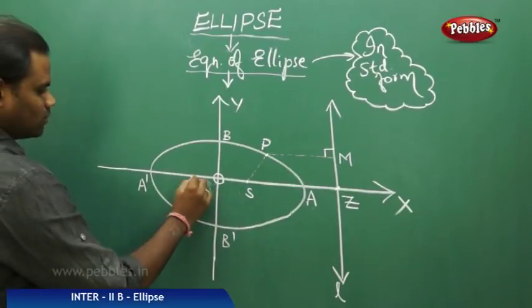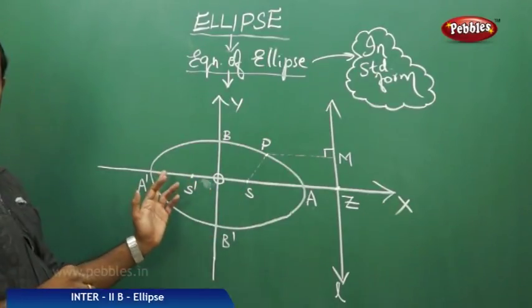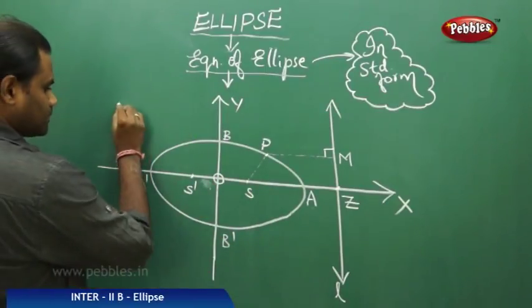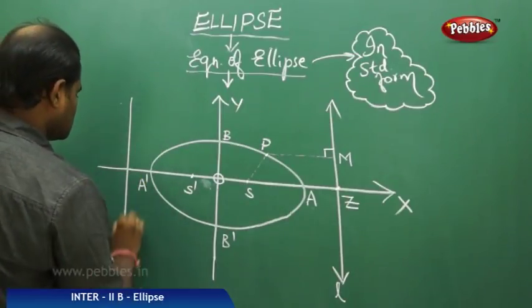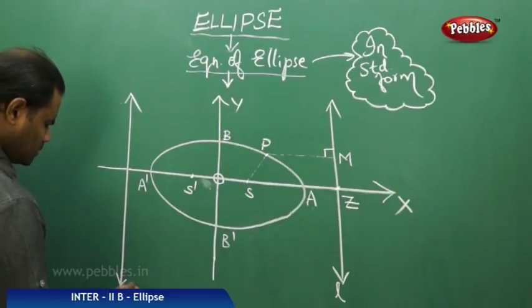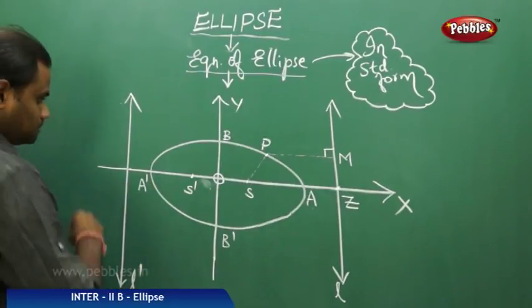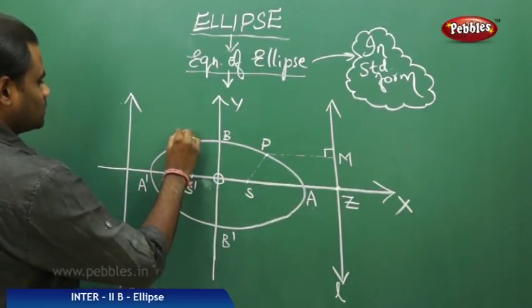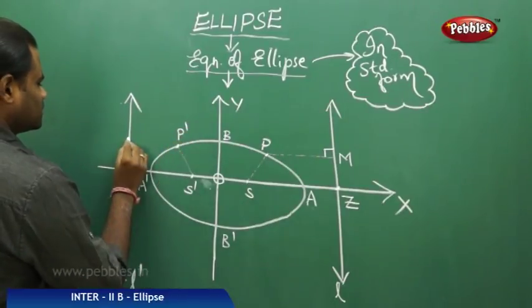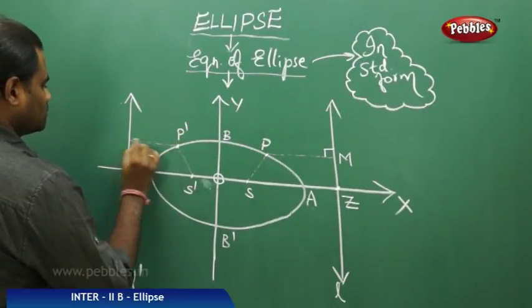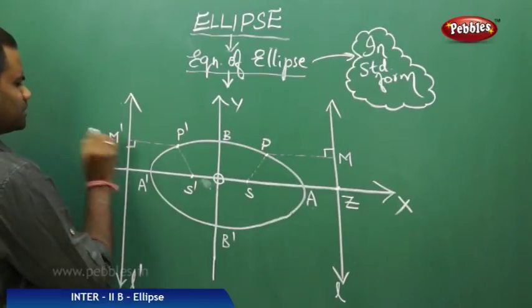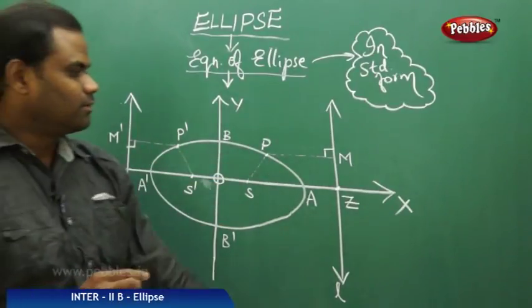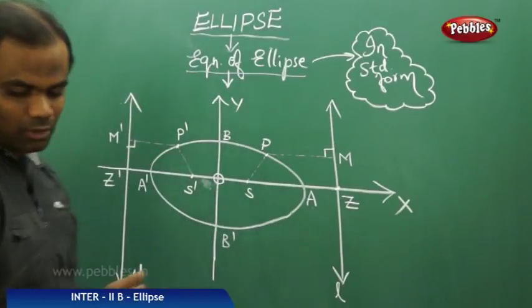Now corresponding to this focus, I have a focus on the left which is S dash, which is the image or reflection of S with respect to the y-axis. Now this is the directrix L dash with respect to point P dash, connected with PM dash, and this with Z dash is how we define the ellipse with all its properties.